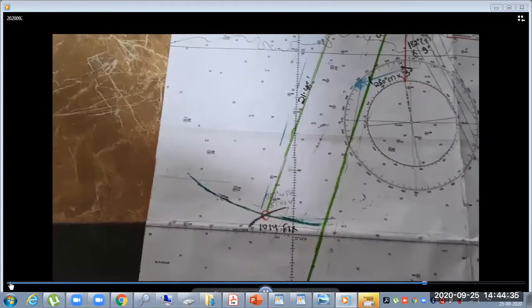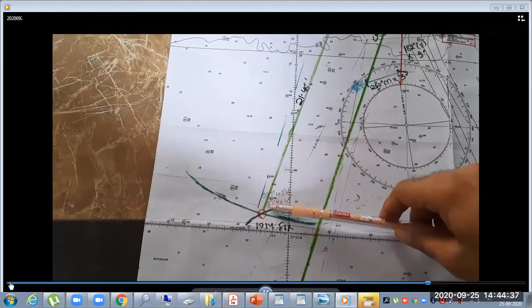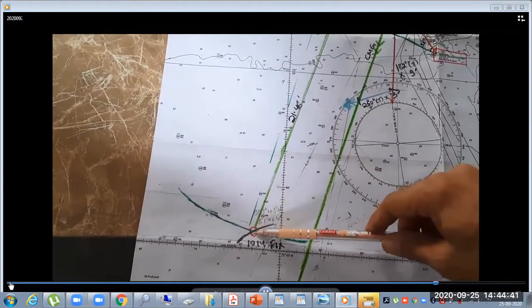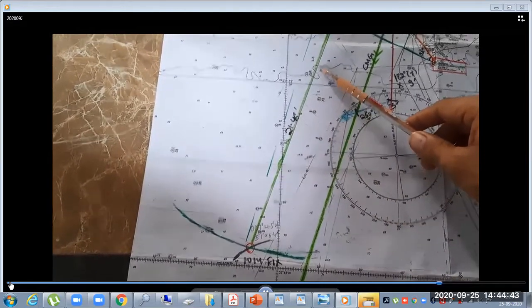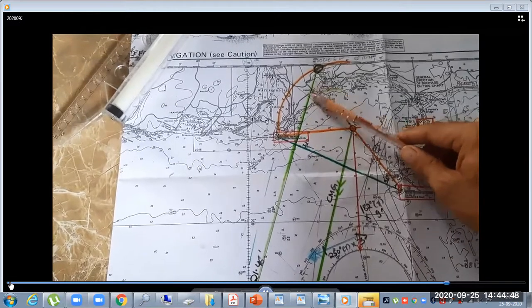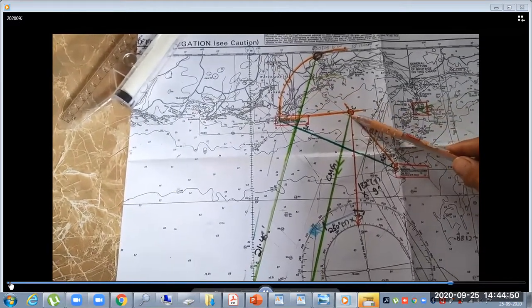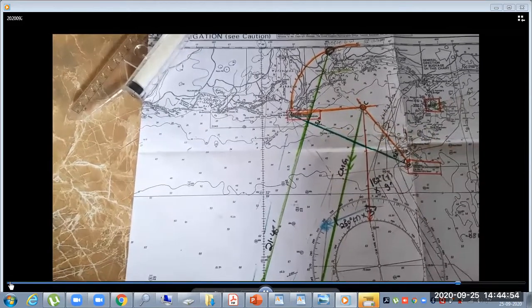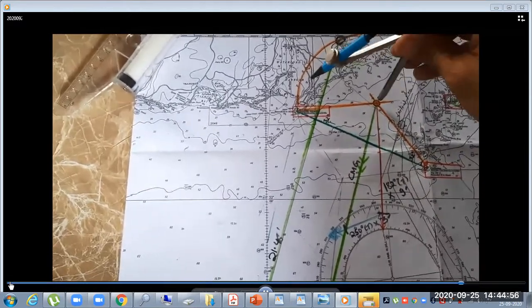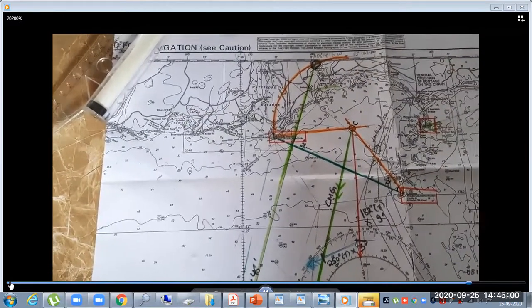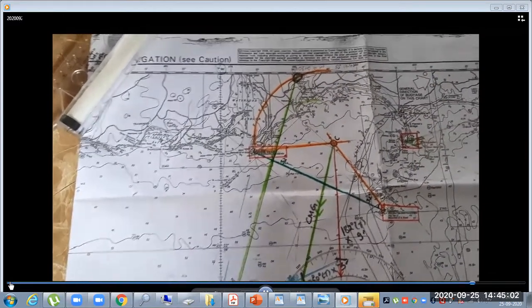Simple. Then to get the 0812 fix, we transfer the course made good from this line for the same distance, that is 28.8, and wherever it cuts this position circle, that is our 0812 fix.